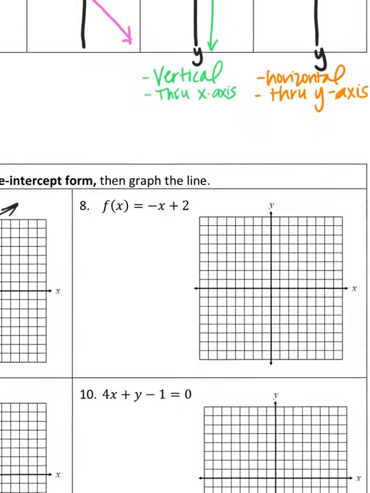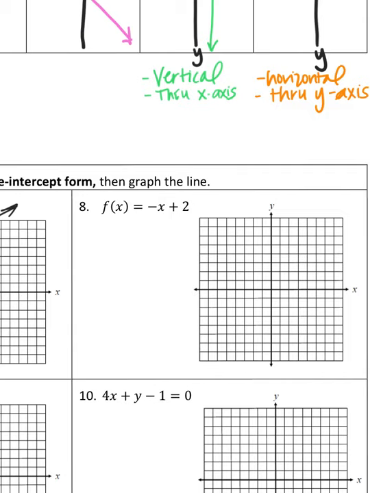Okay, let's look at number 8. F of x equals negative x plus 2. Remember, f of x is just another way to say y. So we have y equals mx plus b. I'm just rewriting it.